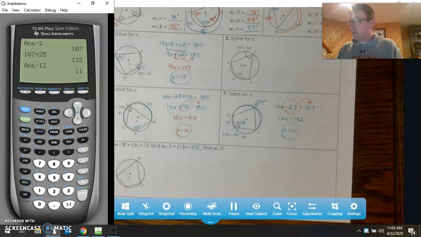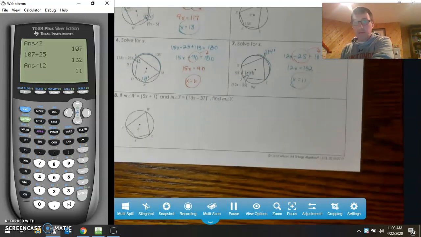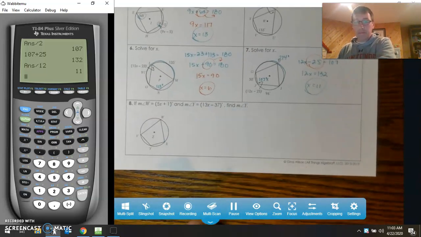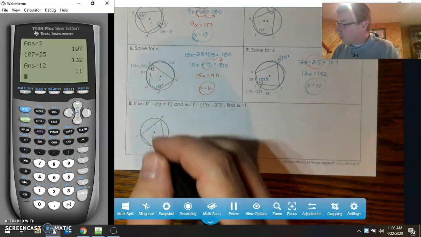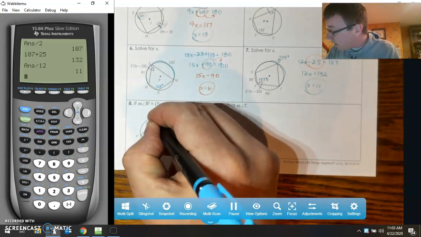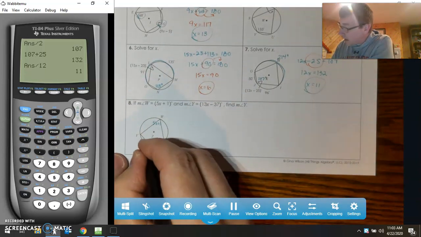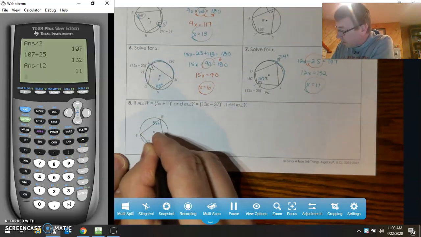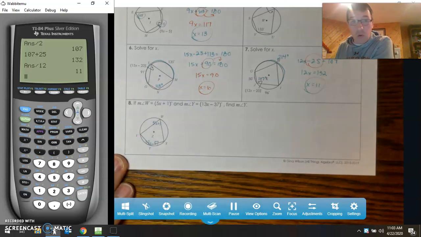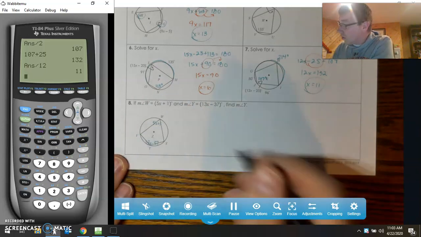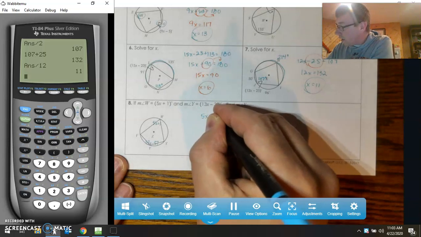Now in number 8, let me move this down just a little bit so it's more in the middle of your screen. I know angle W is 5x plus 1. I know angle Y is 13x minus 37. These are opposite angles in a quadrilateral inscribed in a circle, so therefore they are supplementary.